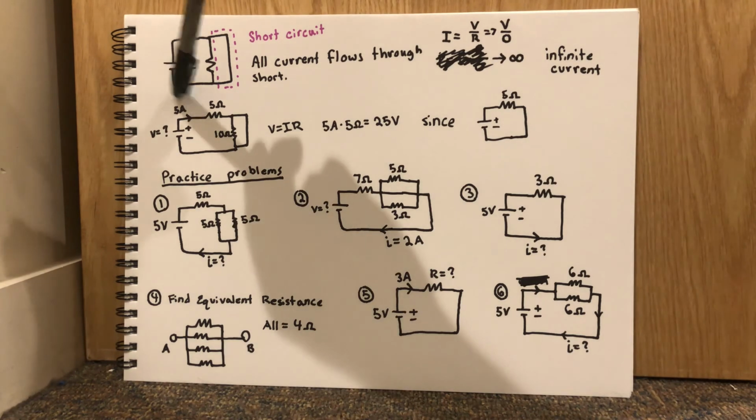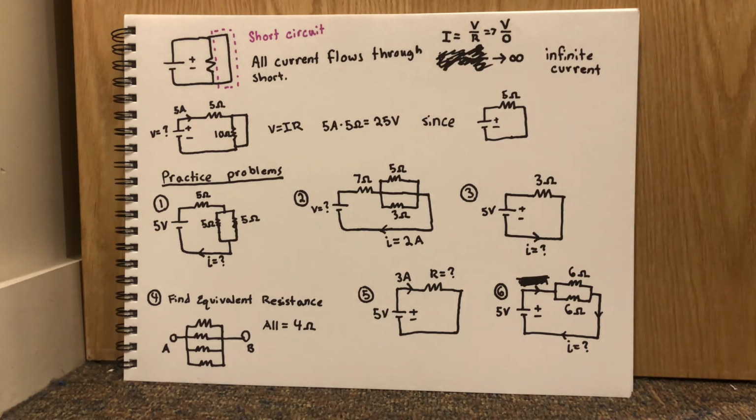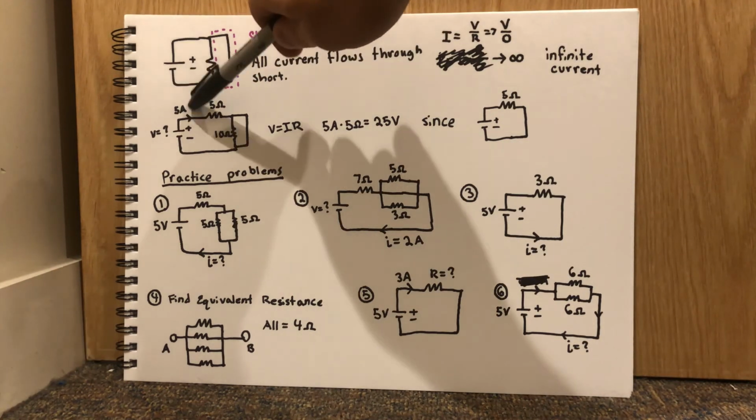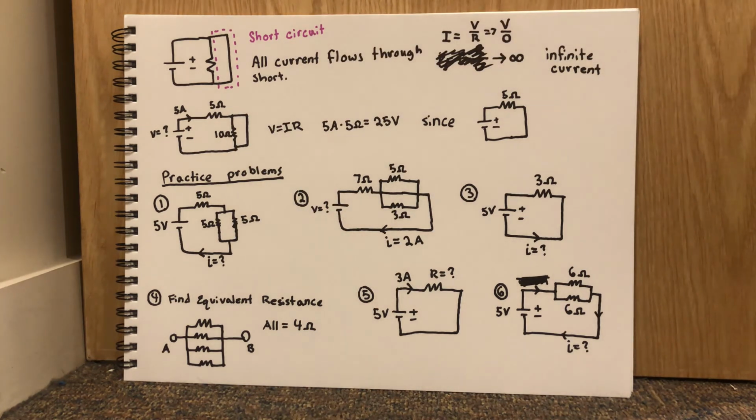And from here we know that our current is 5 amps. And that's not going to change here. It's still going to be 5 amps. And no matter where we look at it, except for right here, it's going to be 5 amps. So we apply Ohm's law, V equals IR. And we get 5 amps times 5 ohms, and we get 25 volts. So that's the voltage. That's what the battery would have to be to get that current.